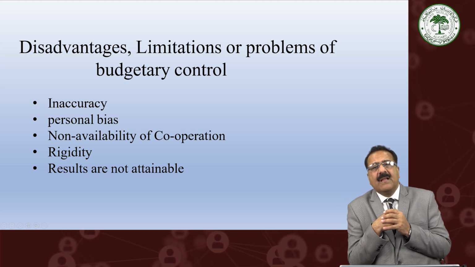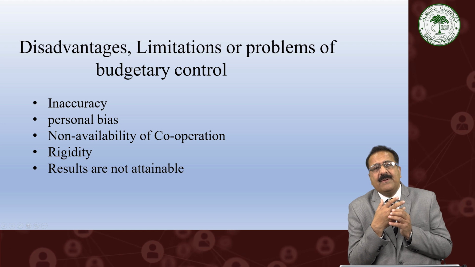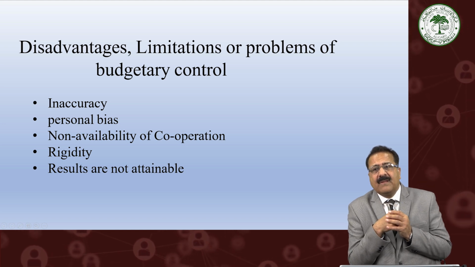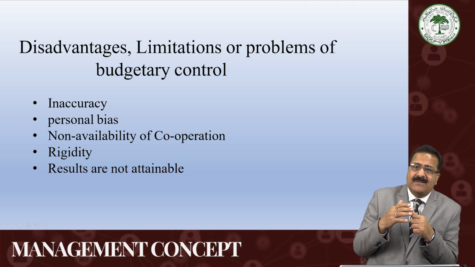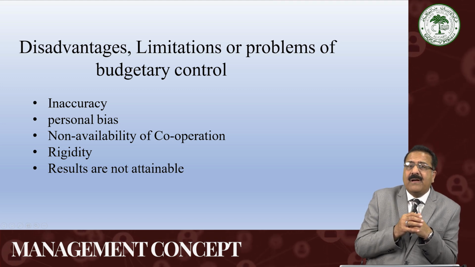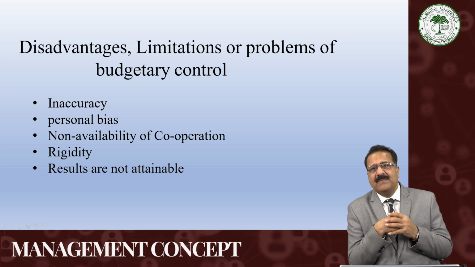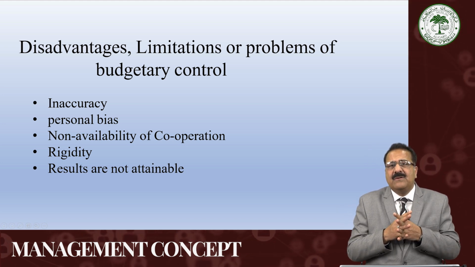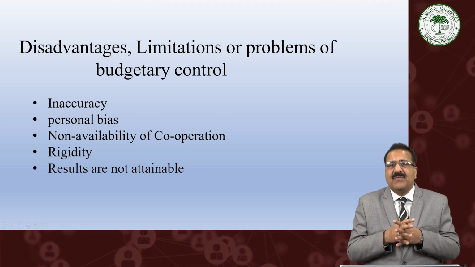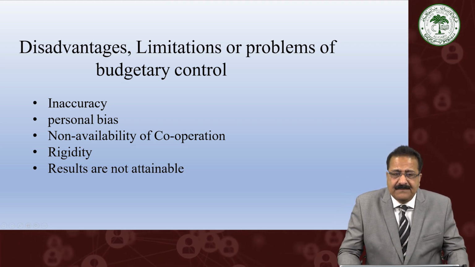People say that because the estimations are not always going to happen 100%, the results may be wrong also. Inaccuracies may be there because estimations may not always be true, but by and large, it is not a point to take into consideration over the benefits of the budget.